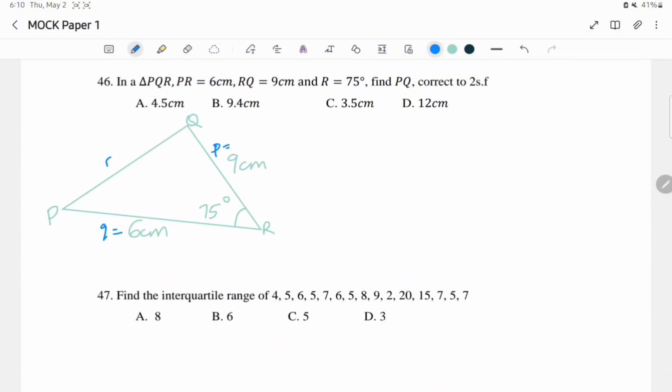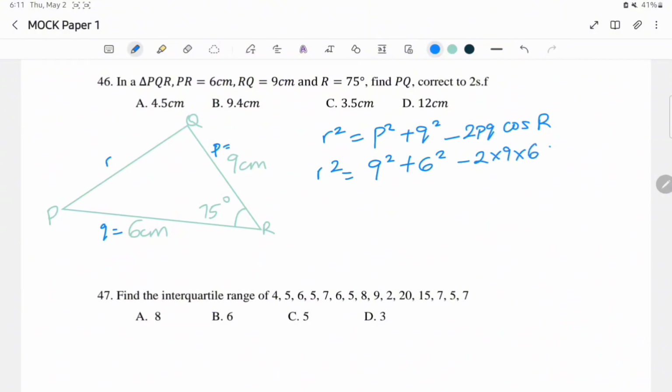For the cosine rule, since it is r that we are looking for, r squared is p squared plus q squared minus 2pq cos R. Luckily for us, it is the value of angle R that we are given. So r squared is 9 squared plus 6 squared minus 2 times 9 times 6 cos 75 degrees.